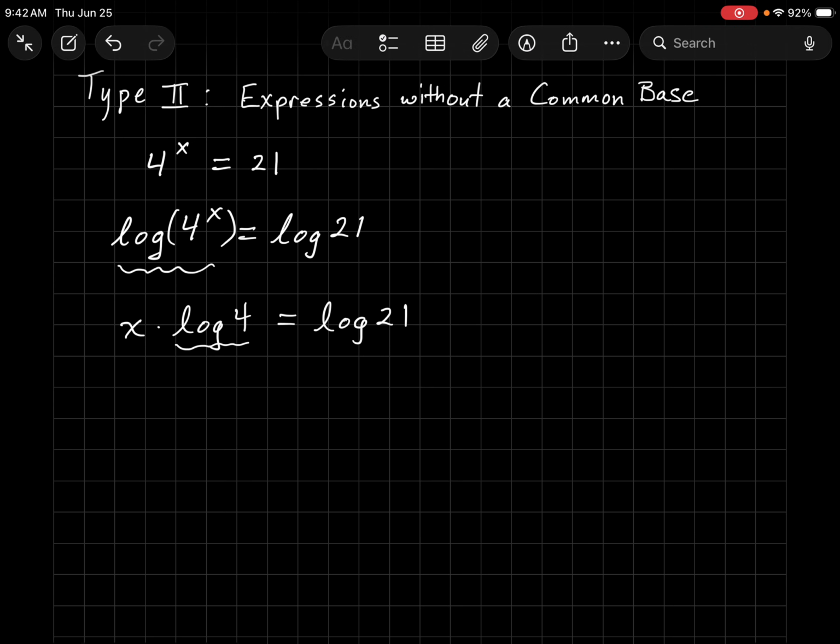If I remember correctly, it's about 0.602 when it's base 10. And then log of 21 is one number, some decimal. I have no idea what it equals, but I could put it into a calculator and get a good approximation. But the point is, I can now solve for x by dividing both sides by log of 4.